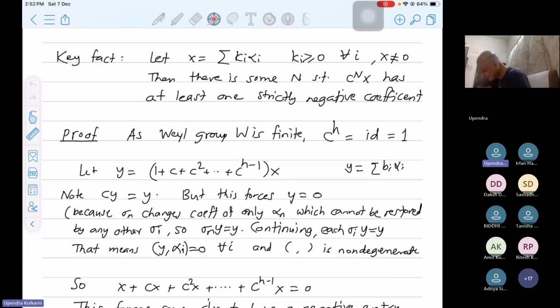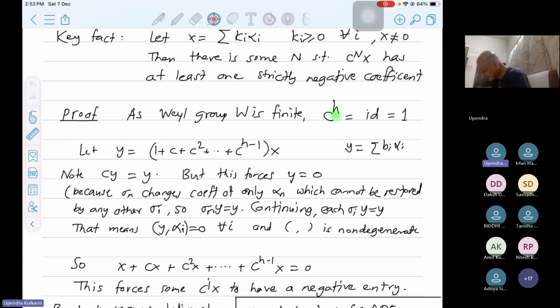Let us try to examine if I can do such a thing for the Euclidean case. And the answer is no. Let us see how this proof went. First of all, I said that some power of this element C has to be identical. For that, I needed that the group was finite.